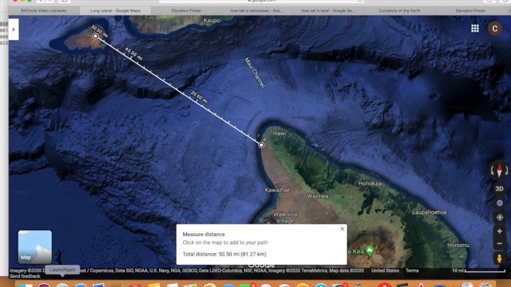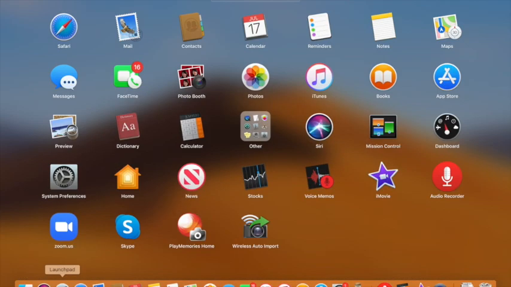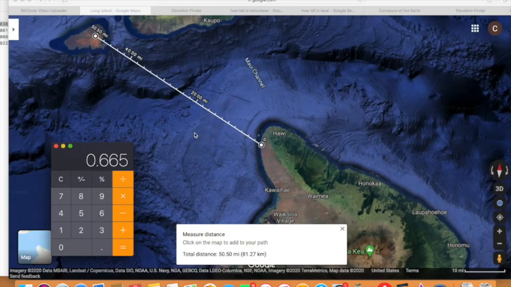Let's pull out our calculator. Let's try that, 50 miles away. We square that number, squaring the distance. So we get 2,500, which makes a lot of sense to me. Multiply that by 0.665, just a bit less than 2/3 of the value.